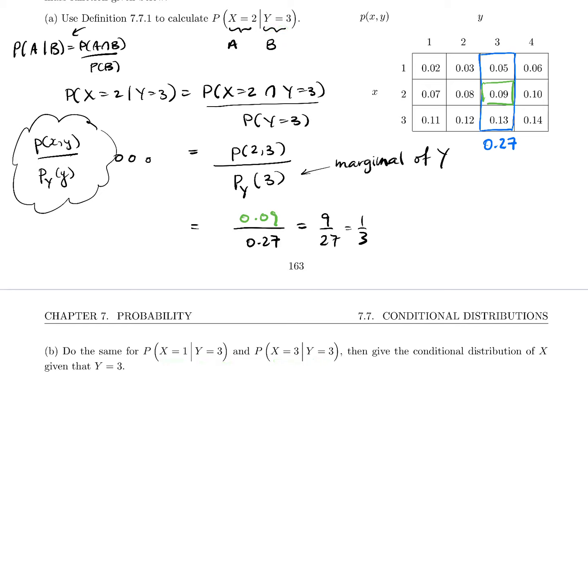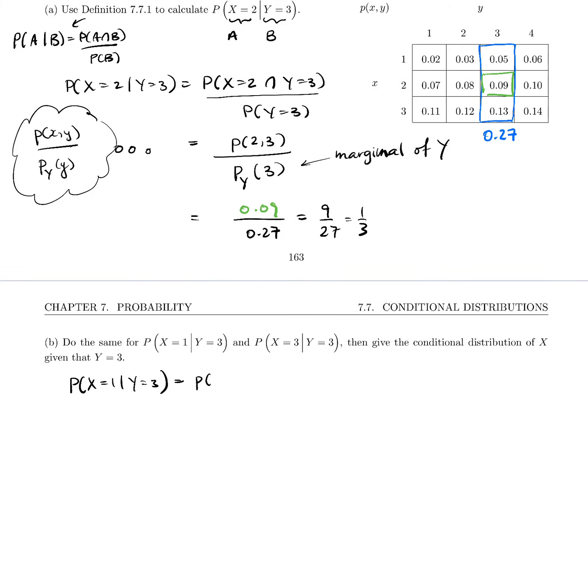That's going to allow us to give what's called a conditional distribution of X given that Y equals 3. If we write down similar definitions, the probability that X equals 1 given that Y is equal to 3 gives an analogous fraction, which we can express directly in terms of the mass function and the marginal mass function.